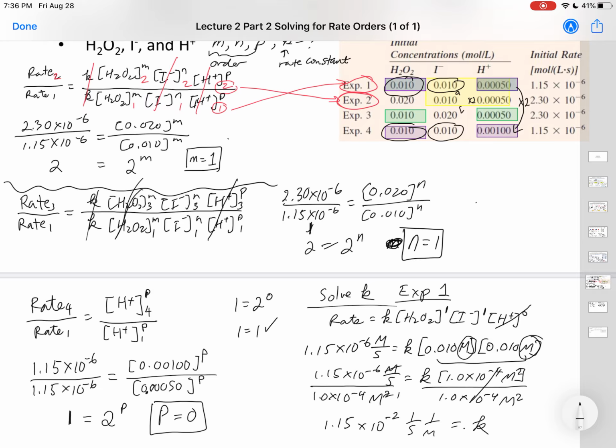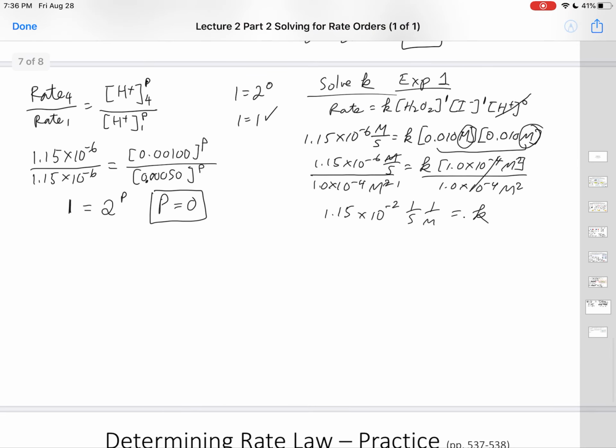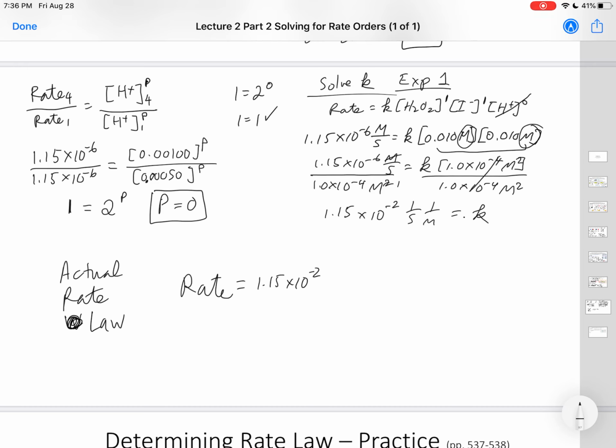Okay? So going back to what we're solving for, the actual rate law. So the actual rate law is rate equals, we know what K is, 1.15 times 10 to the minus 2. I'm going to change it to M to the minus 1, s to the minus 1 to simplify it.